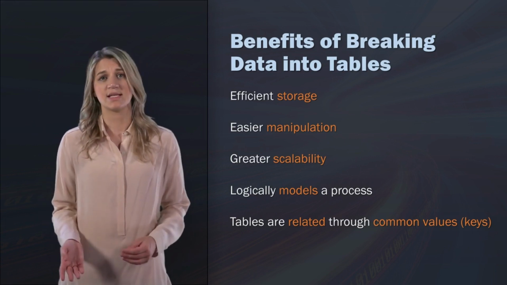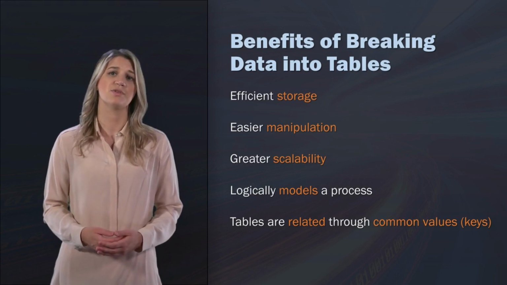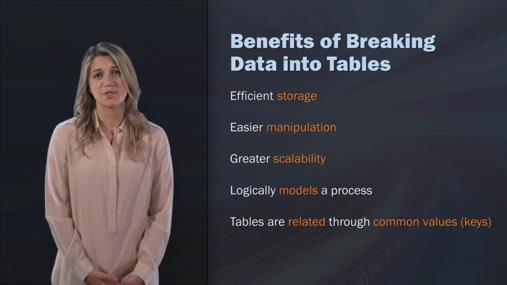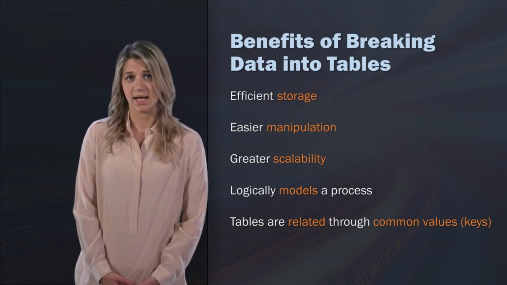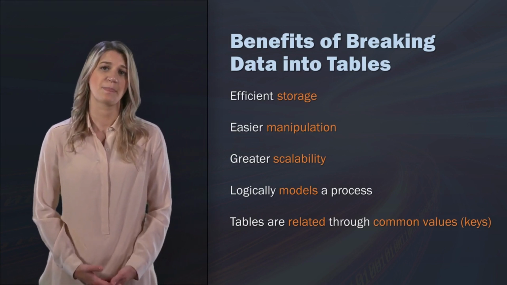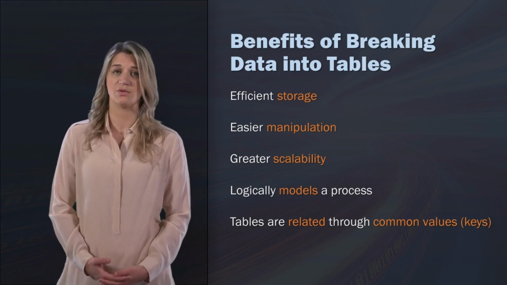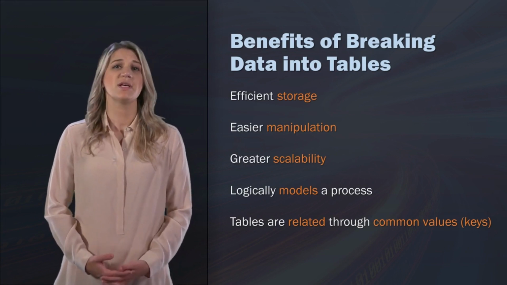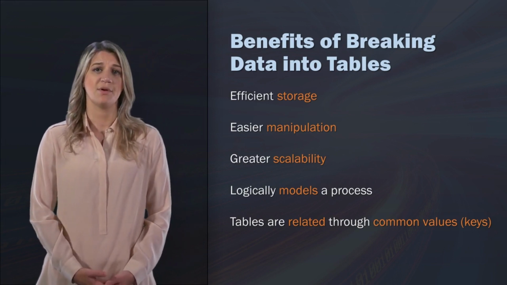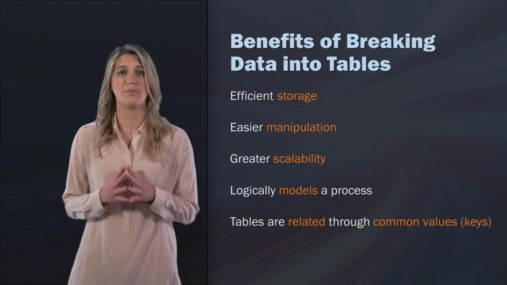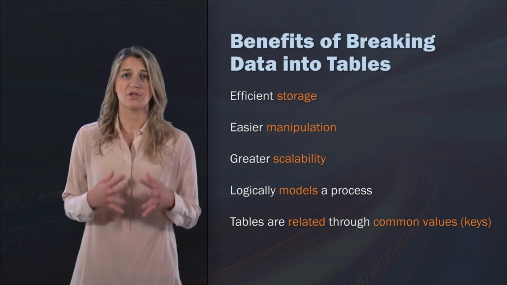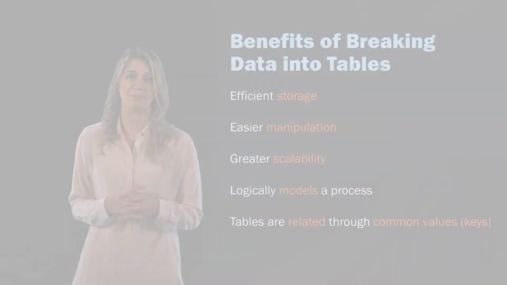And then to get the data to come together, we use keys. This helps us so we don't have to duplicate the data in multiple tables. We're able to join those tables together based on an individually unique key. So this key serves as a link between the tables, and this key is a critical piece to being able to join records and tables together.